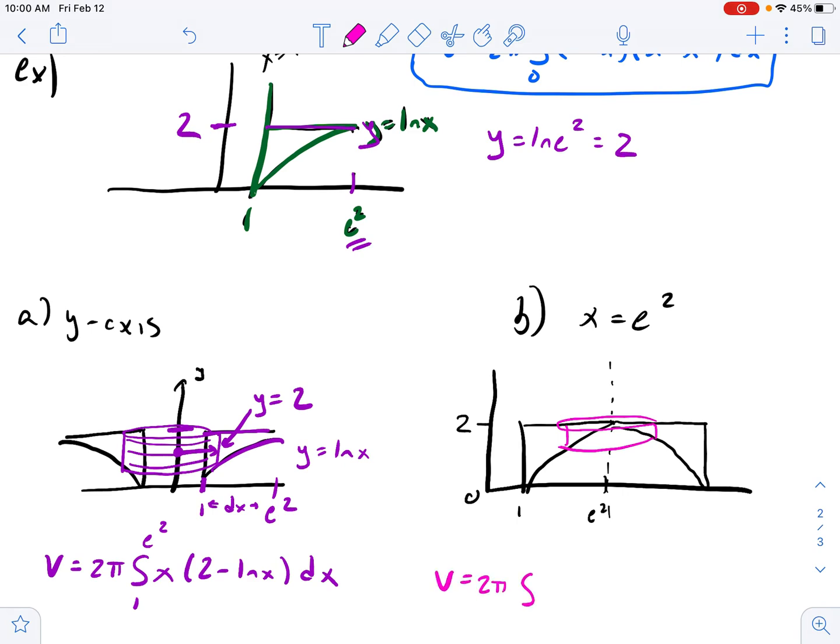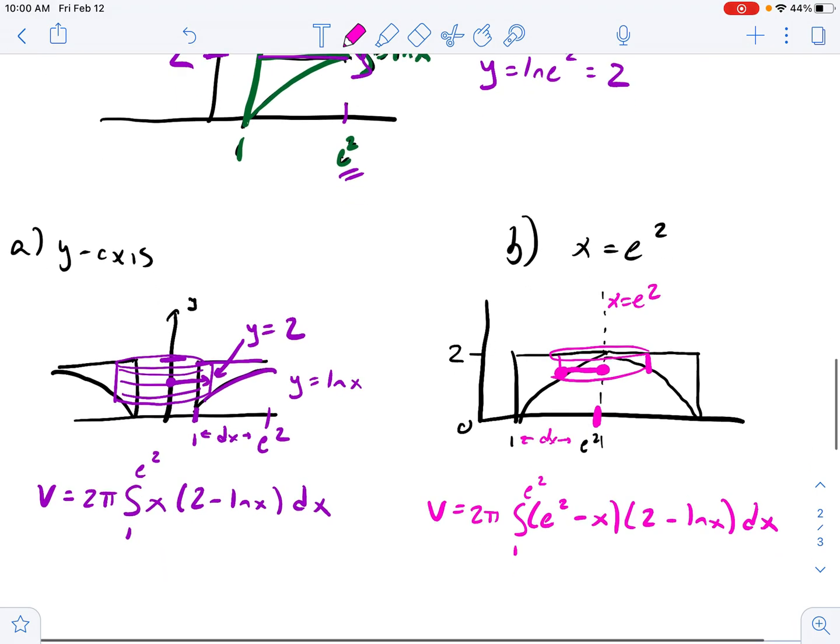Volume equals 2 pi integral 1 to e squared, are still my original x bounds. Now, the line of rotation at e squared is to the right of our original bounds. So to correctly compute this length, I take the right value minus the left value. That's going to be e squared minus the x value I'm at. The height is still the difference between the functions, top minus bottom. Throw a dx on the end, and you are all set.